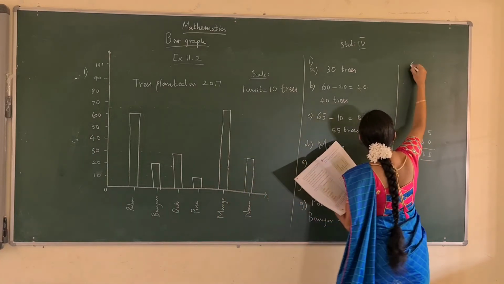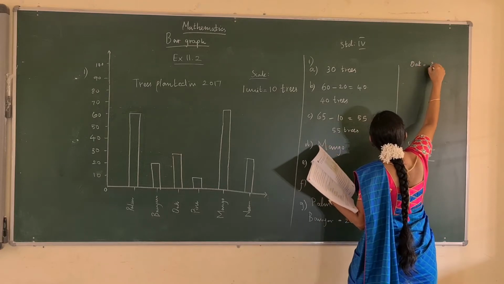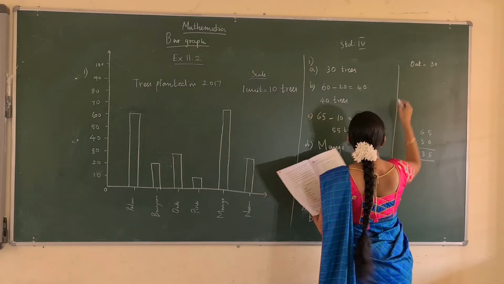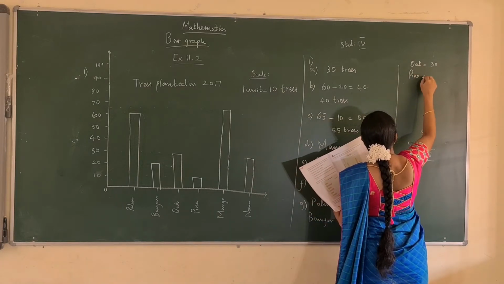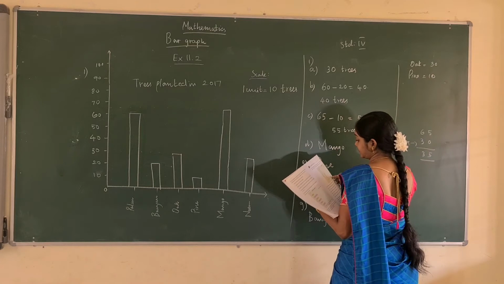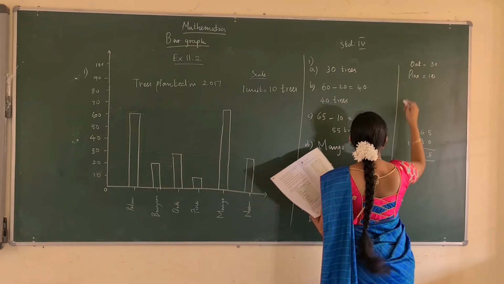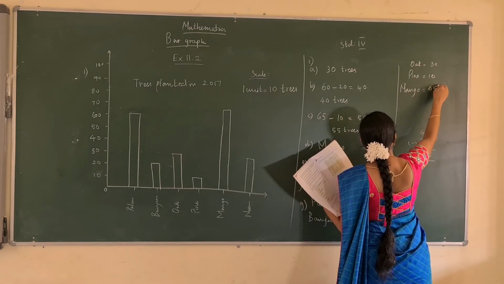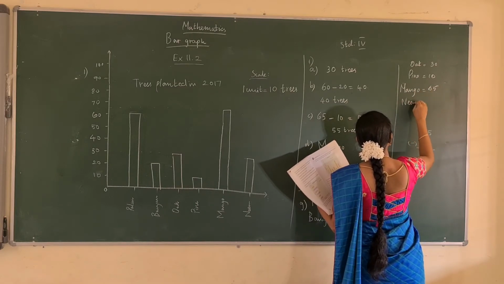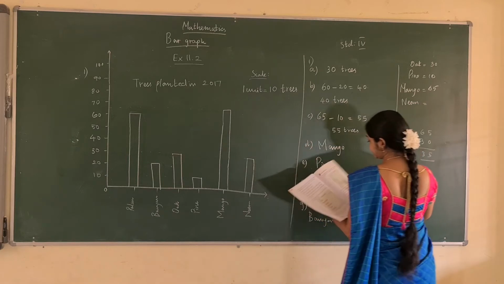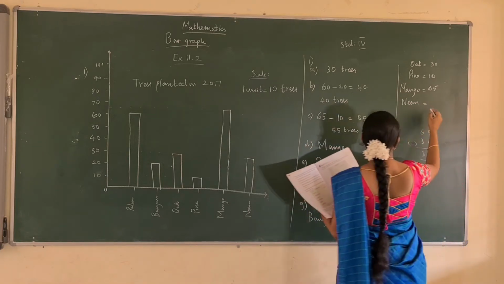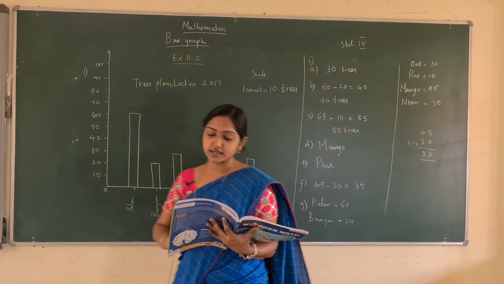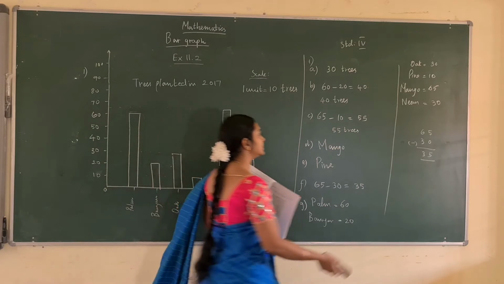Next, oak. Oak is 30. Next, pine. Pine is 10. Mango is 65. Neem is 30. So, to find the total number of trees, we have to add all the trees given.